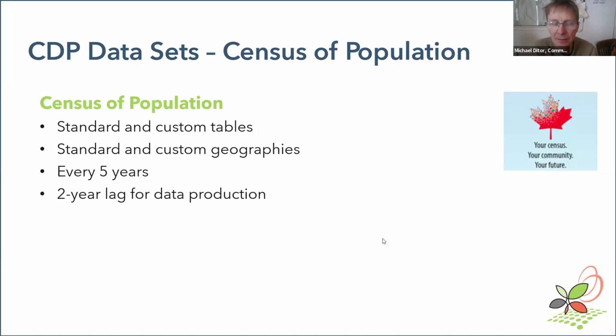For the CCHS, they have some summary indicators that you can get online. This year, maybe data from 2024 might be available, but as far as getting custom data, it'd be later this year that we'd be able to get custom data for 2024.